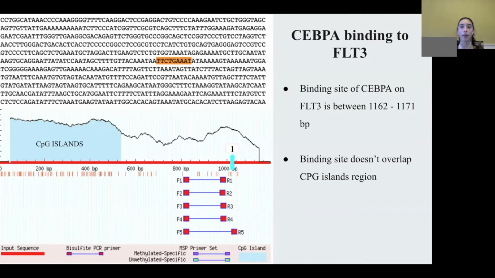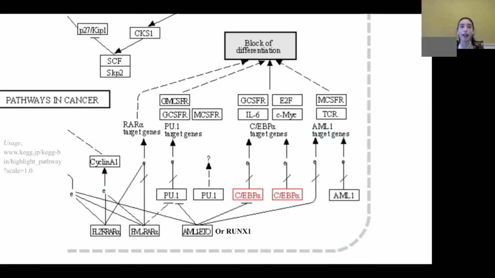I couldn't find the binding sequence of FLT3 to see if there was a direct binding the opposite way, so I decided to search another gene that could directly bind to CEBPA. Again, I went to the KEGG database and found a pathway where AML1 or RUNX1 directly binds to the CEBPA gene. Through this pathway, I looked into RUNX1 and its downstream to CEBPA.